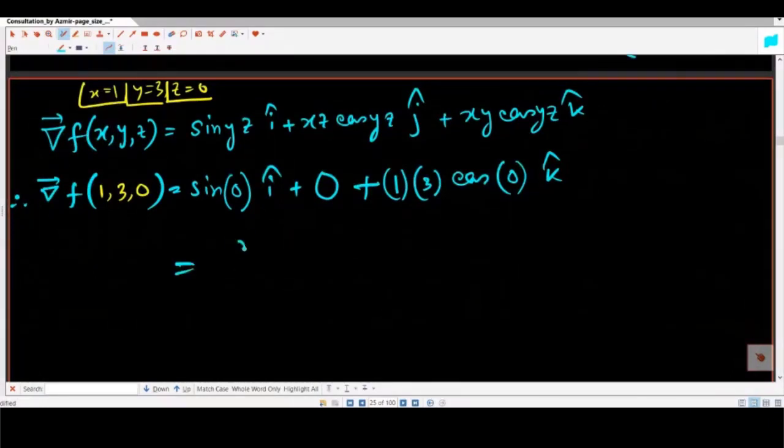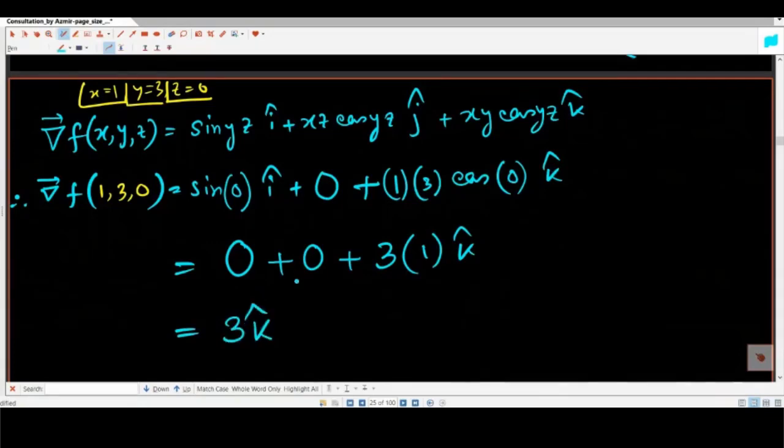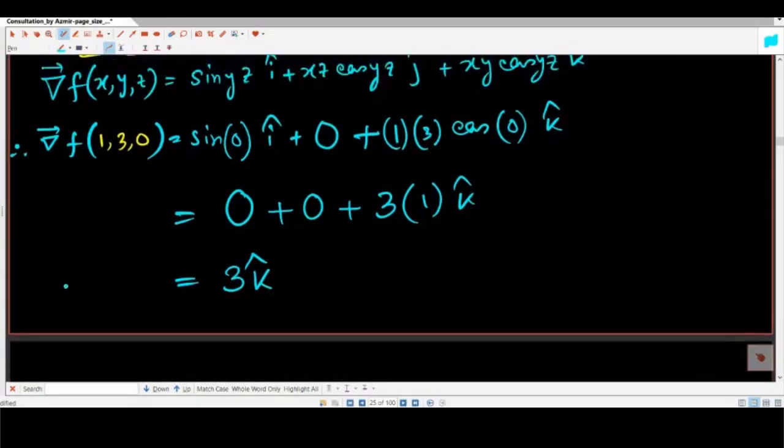Sine 0 is 0, plus 0, plus 3 cosine 0, which is 1. So finally we have 3k. So this is the gradient of f at 1 comma 3 comma 0.